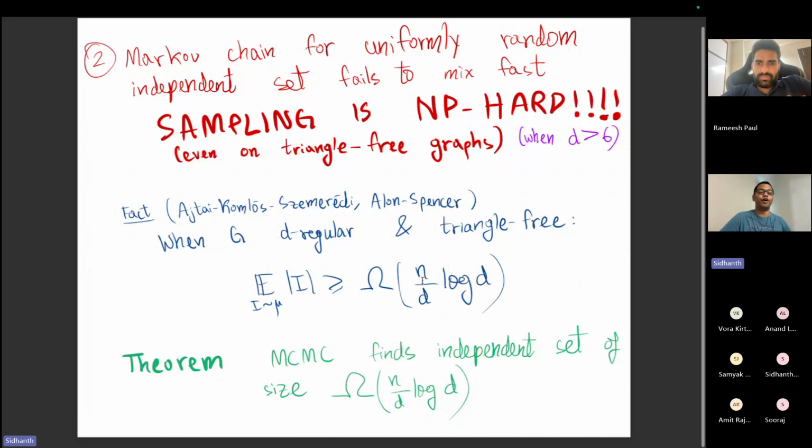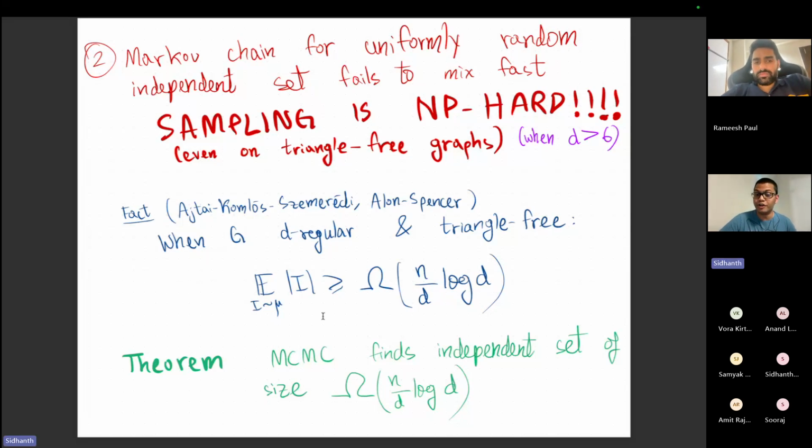So an independent set of size order n over d exists just because the graph has all degrees bounded by d. But if you additionally know that it's triangle free, then you get this extra log d factor. And there's a proof of this statement in the probabilistic method book of Alon and Spencer, where they show that in fact, if you choose an independent set uniformly at random, then the expected size of this independent set is the thing you want, this n over d log d quantity.